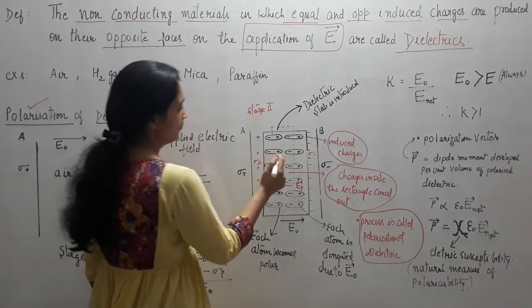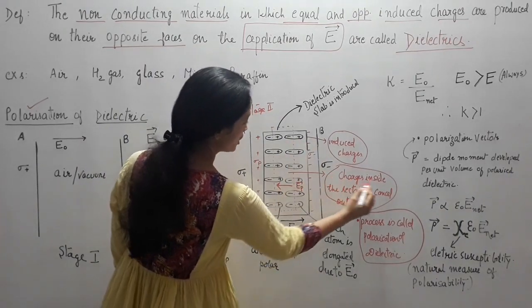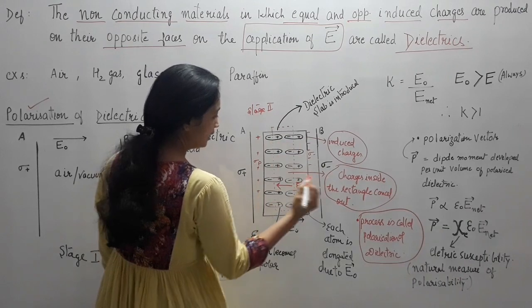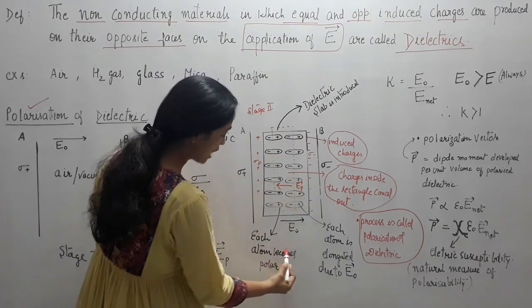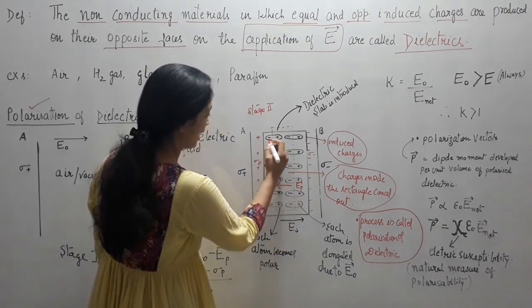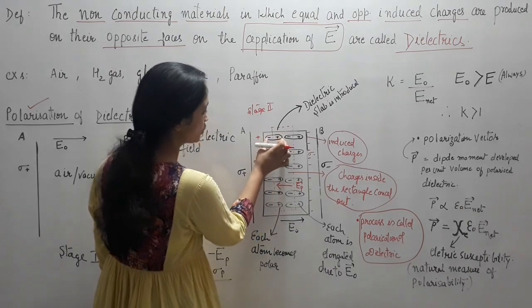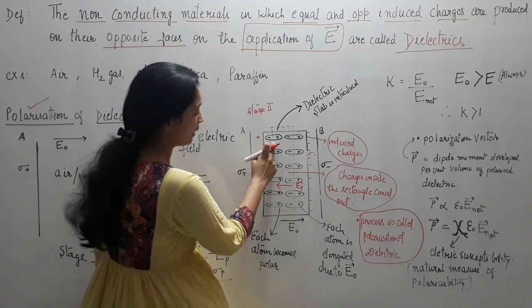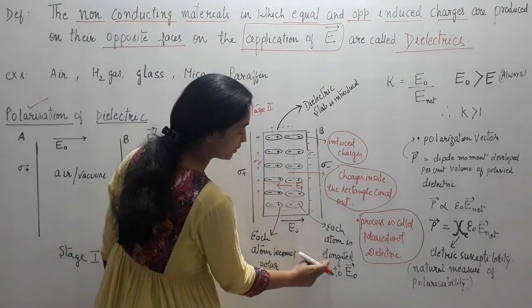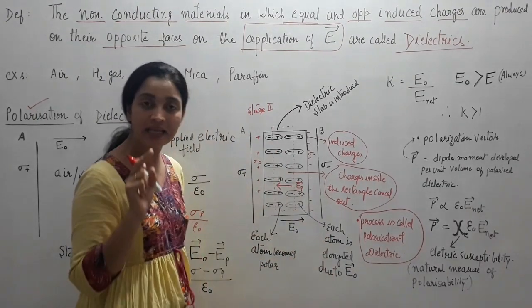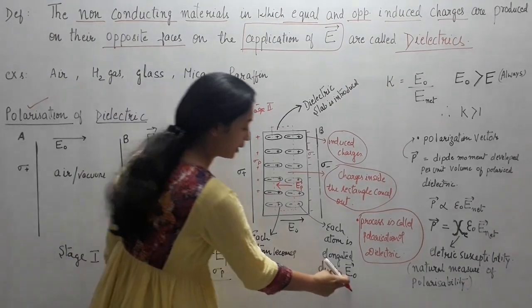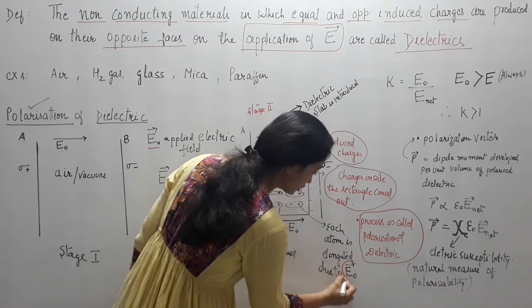Now what happens? These charges inside the rectangle, meaning the dielectric slab, each atom becomes polarized. Why? Because the atoms, can you see, they are slightly oval in shape. This oval shape indicates that each atom is elongated. Why are the atoms elongated? Because of the presence of the applied electric field E naught.